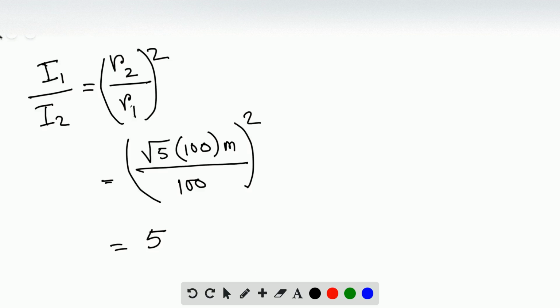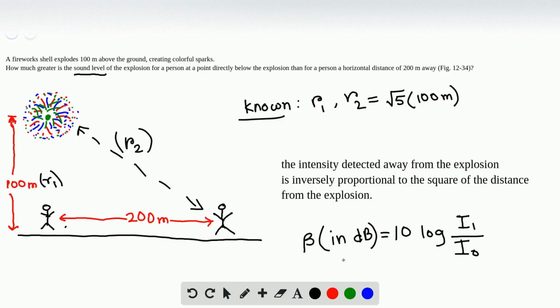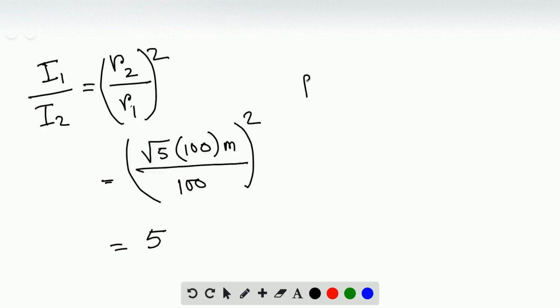Now since we know that, now we can use this equation. I naught is a threshold, so for our case, since we're dealing with two different intensities, our I naught will be I2, right? So the equation changes to beta equal to 10 log of I1 over I2.